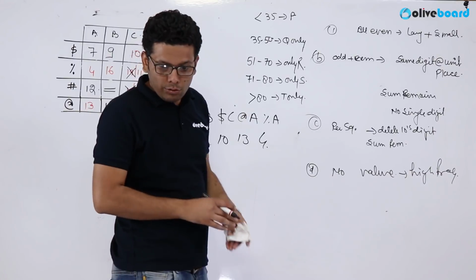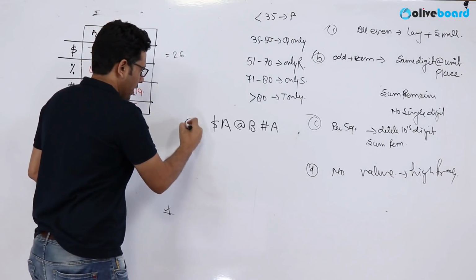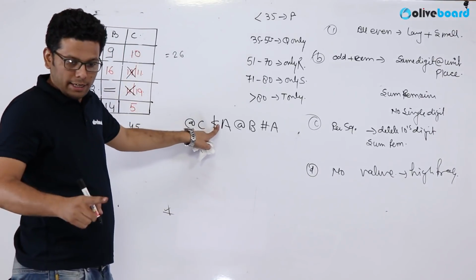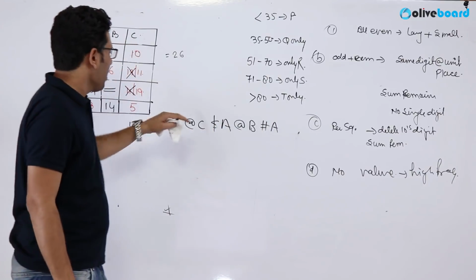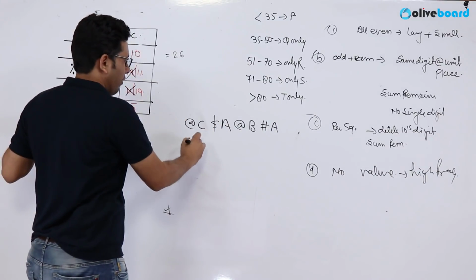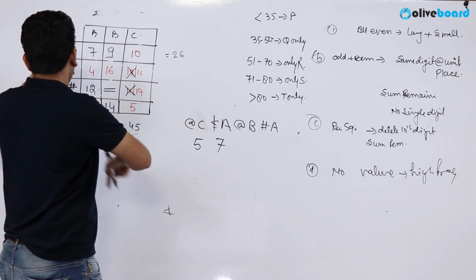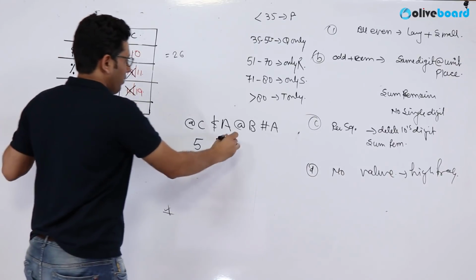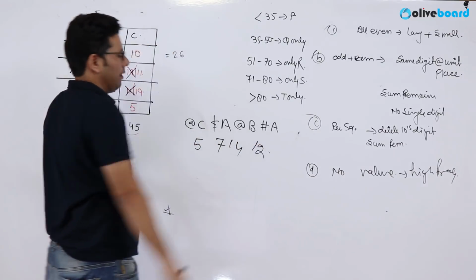Okay, need to take the fourth option: at the rate C, $A, copyright, at the rate B and hashtag A. If I take the data from this point, at the rate C it would be 5, $A it would be 7, at the rate B it would be 14, hashtag A it would be 12.